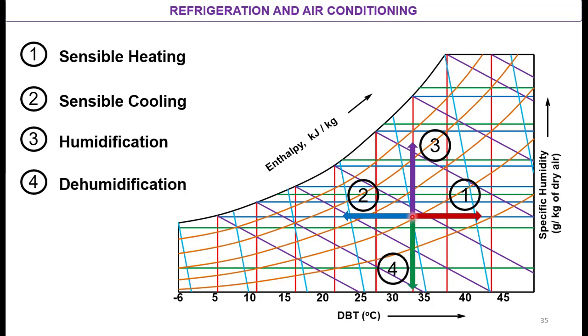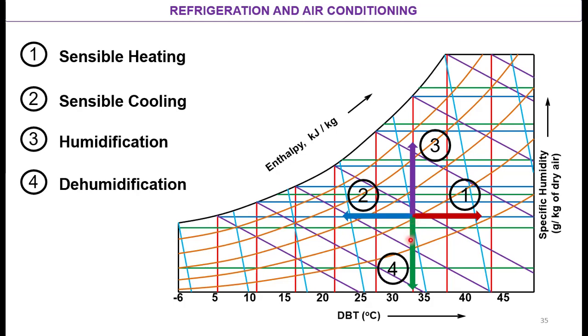So have a look at this fourth process. I have shown the green colored arrow, and this arrow is vertically in the downward direction now, exactly opposite to what I showed for process 3. So this process is known as dehumidification. What is happening with the temperature in this process?